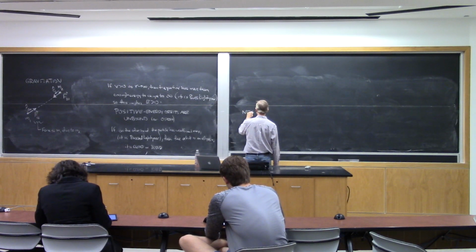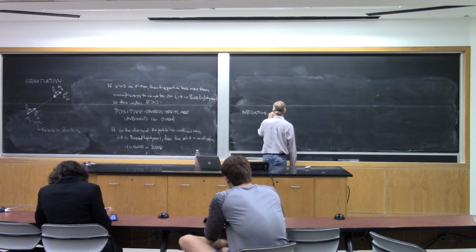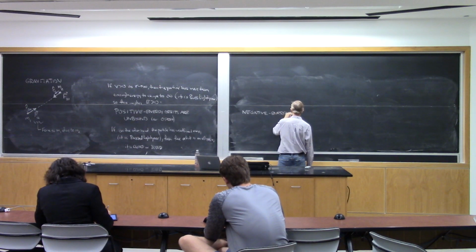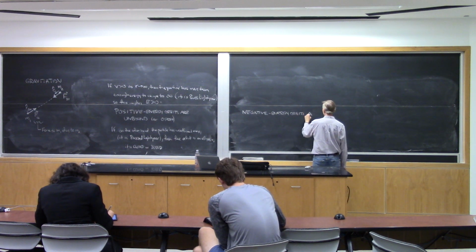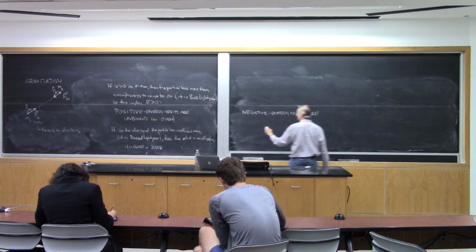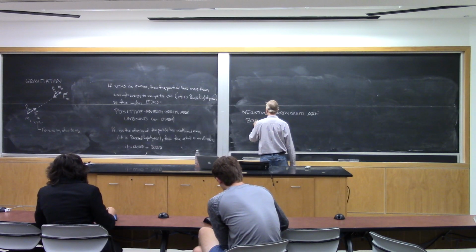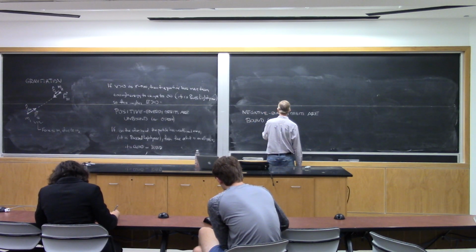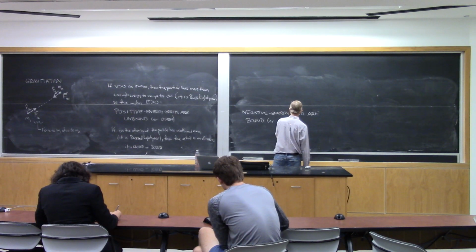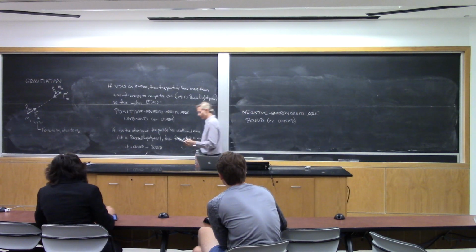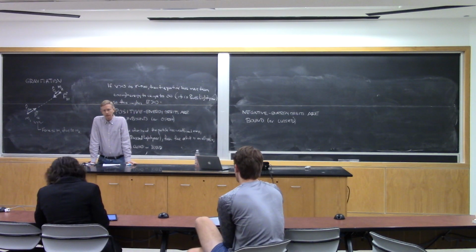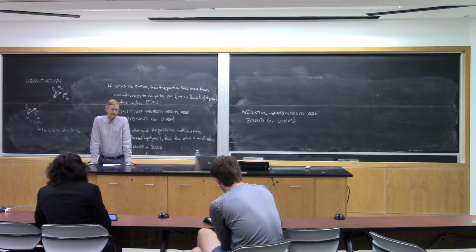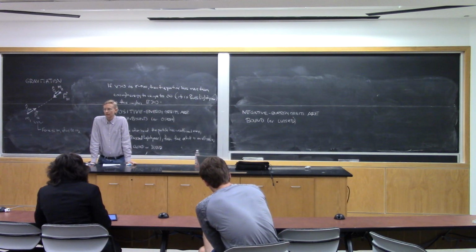Negative energy orbits are bound or closed. So it's really quite simple to tell whether an orbit is open or closed or right on the border. Is it moving faster than the escape speed or not? Tells you everything you need to know.